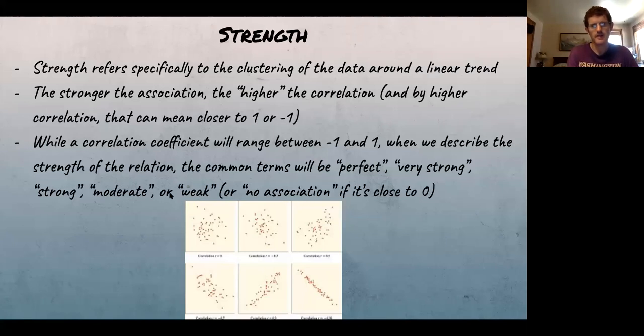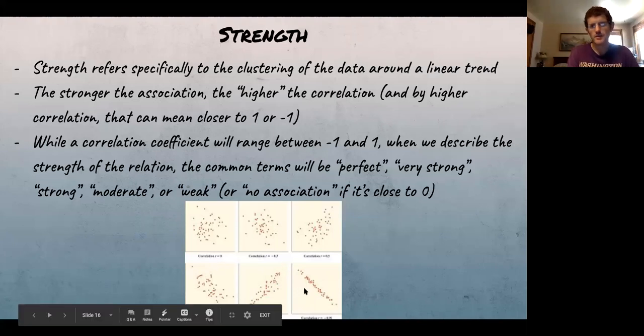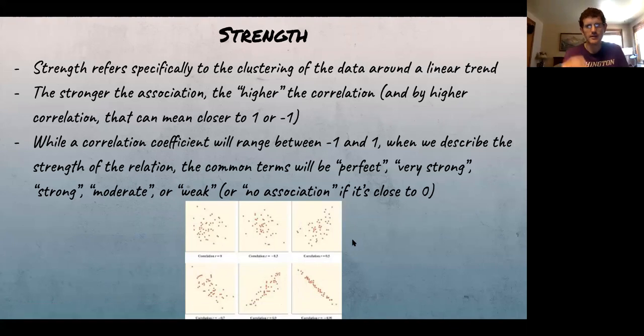If you look at these, you can see some of these are very strong. Some of them are kind of weak. It's kind of a visual thing, and there's no strict cutoff for what strong, moderate, and weak are. Perfect means perfect, so it'd have to be a 1 or a -1. But besides that, there's no real cutoff.